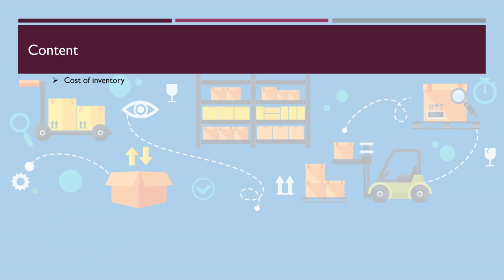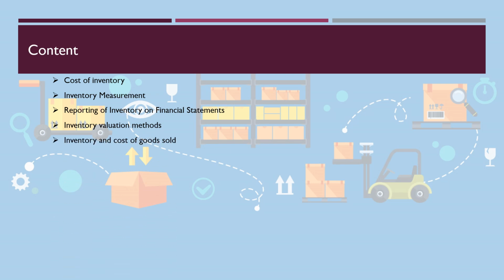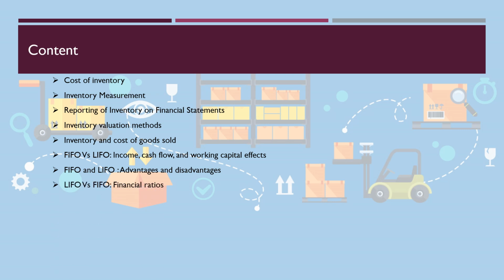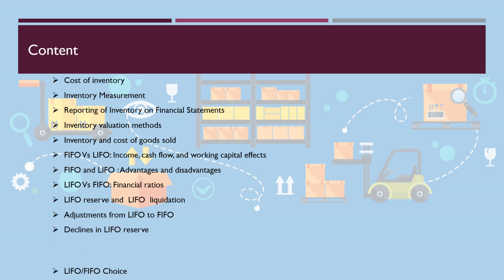In this video, we are going to cover the cost of inventory, what the inventory measurements are, how we are going to report the inventory on financial statements, inventory valuation methods, how we are going to treat the inventory and cost of goods sold, and what the effects of FIFO and LIFO are on income, cash flow and working capital, and the advantages and disadvantages of FIFO and LIFO methods, and the impact on the financial ratios, and LIFO reserve and LIFO liquidation, and adjustment from LIFO to FIFO, and decline in LIFO reserve.